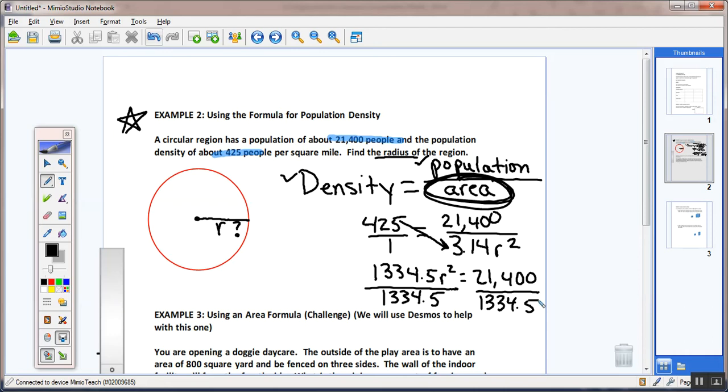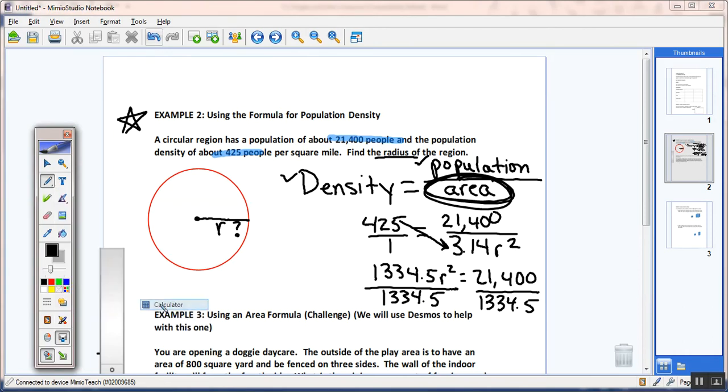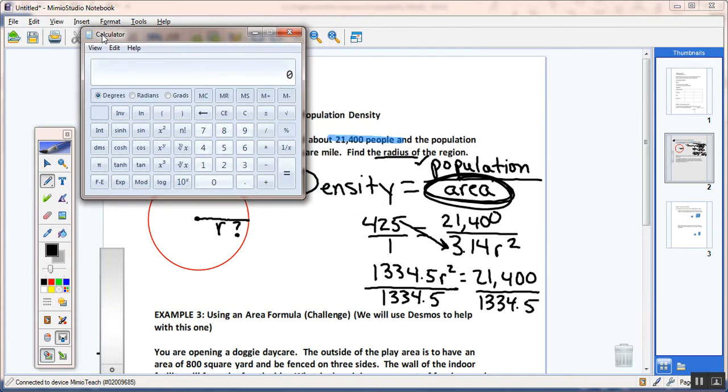I'm even going to get a calculator out. I want to play the game. You guys don't just get to have all the fun. So I'm taking 21,400 and dividing by what again? And I come up with about 16.03.